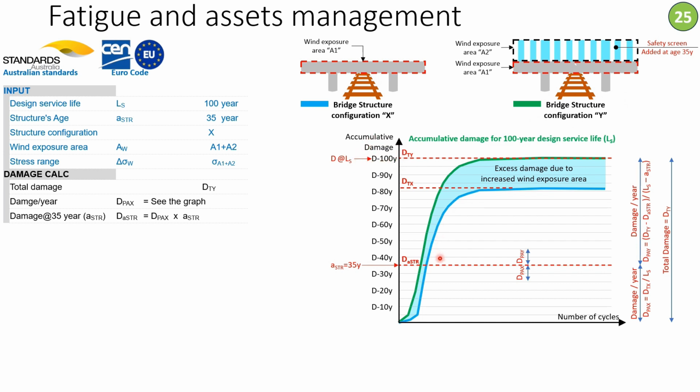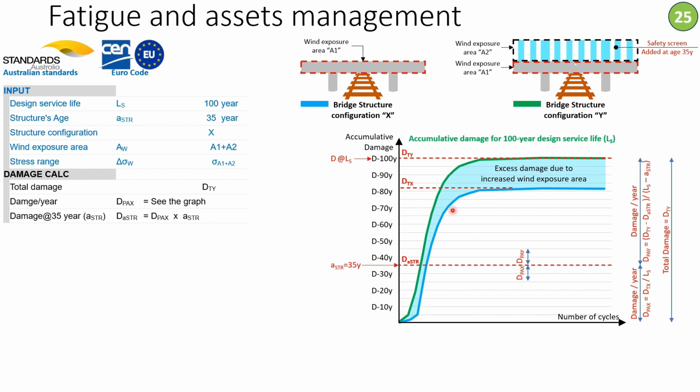So the remaining accumulative damage should be the total damage for configuration Y, coming from the green curve, minus the damage accumulated at the age of 35 years, which is the age of the structure. Getting the damage at the age of 35 years is similar to what we learned in the previous slide, which is the incremental damage per year before adding the safety screen, based on configuration X, multiplied by 35 years. That gives you the damage accumulated at the age of 35 years.